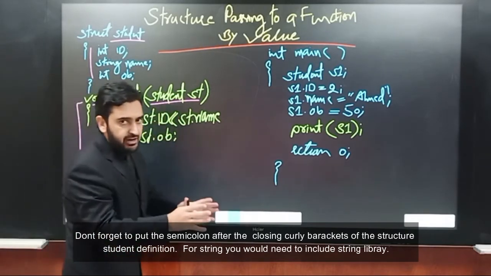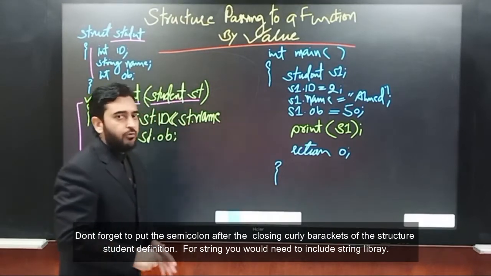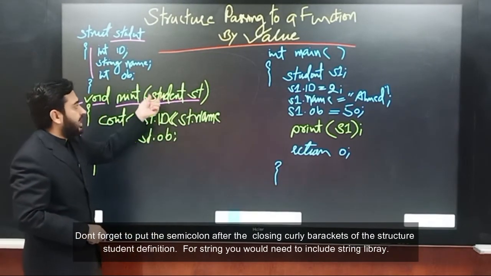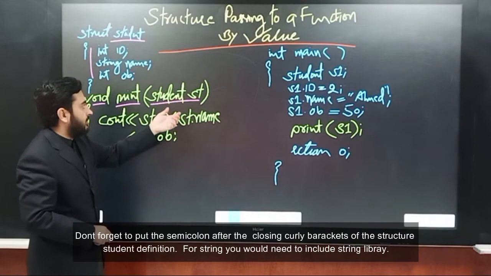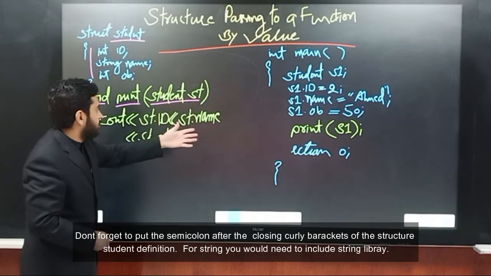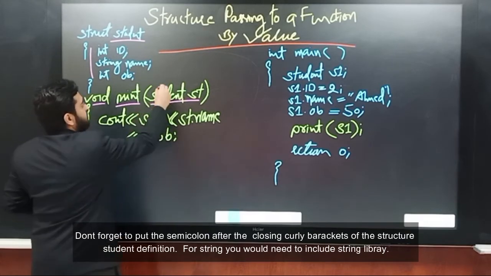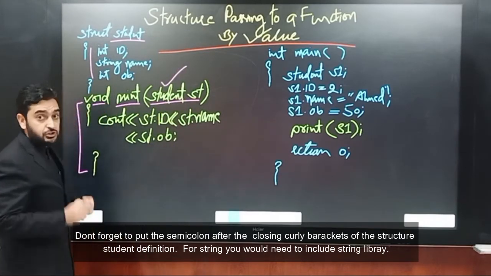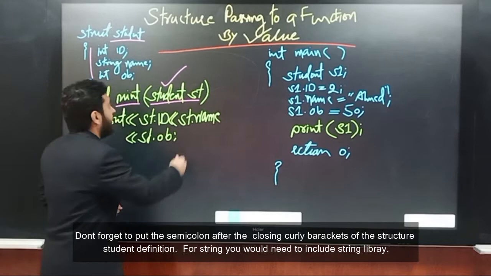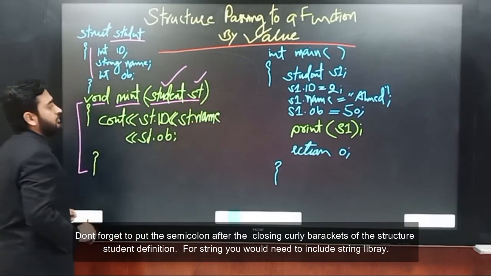Just like the normal variables of primitive data types, where we write int a or float a or string s, we have used the data type student here, and st is the variable.